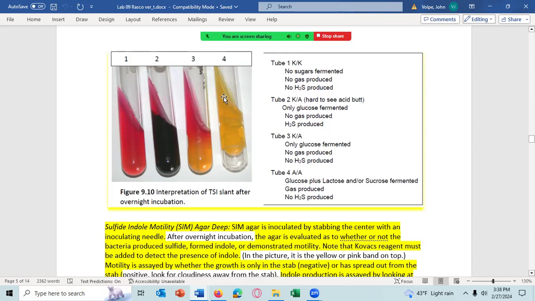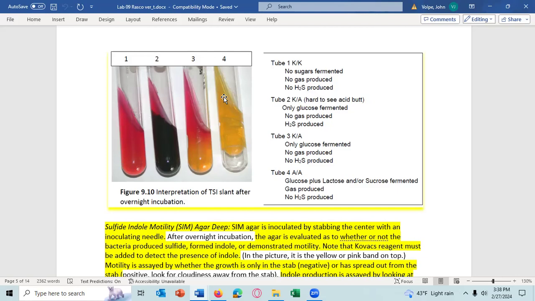If only glucose was fermented, glucose is at low concentration and the bacteria grows and ferments the sugar very rapidly on the slant. So if only glucose is fermented, the glucose would be all used up on the slant, and then the bacteria will start metabolizing the protein. The protein produces ammonia when it's metabolized.